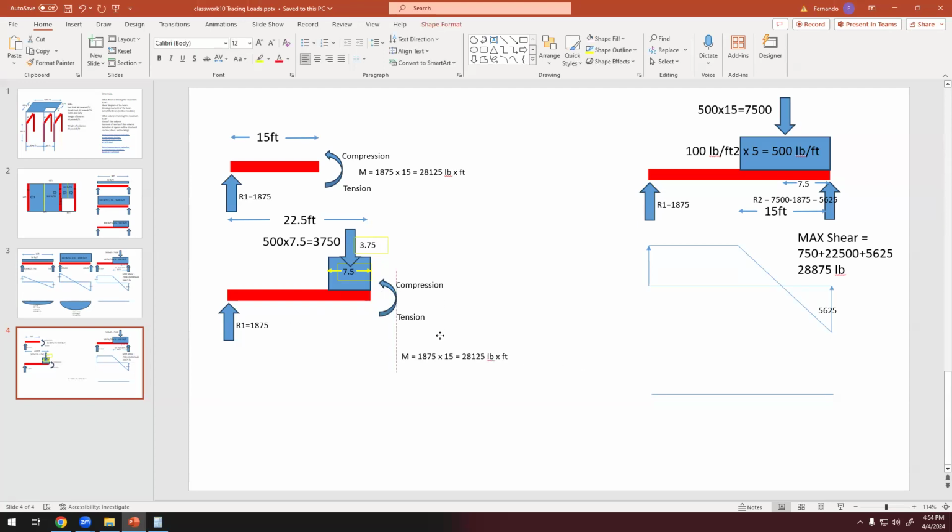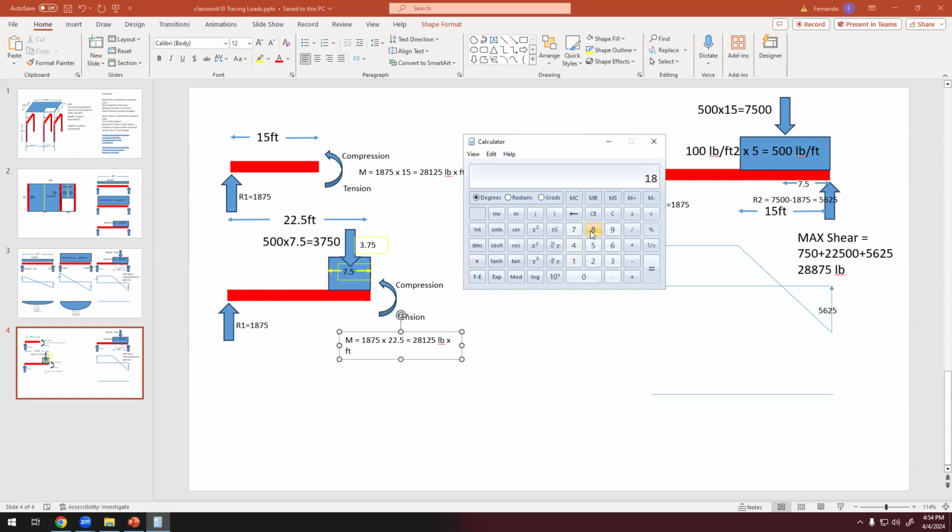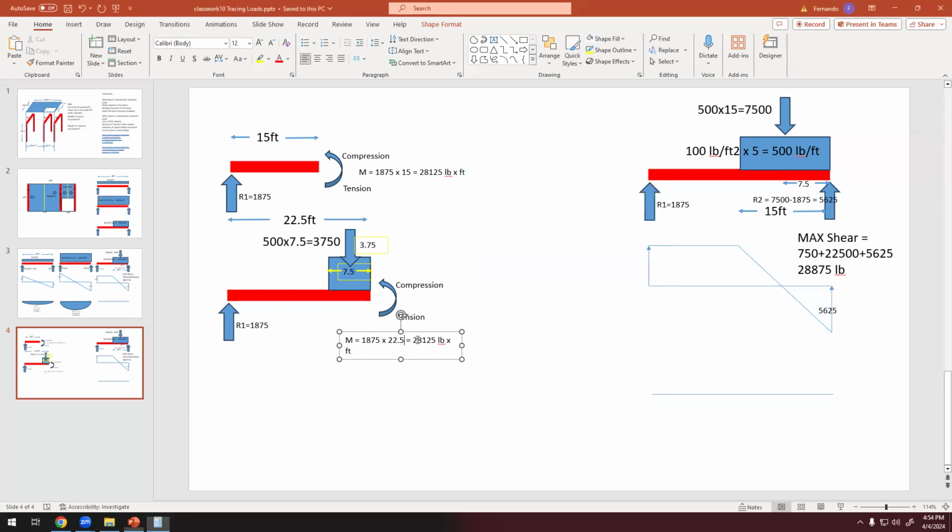So that moment is 1875 times, now the distance is 22.5, it's not 15, it's 22.5, and nothing else. So this is 1875 times 22.5. It's 42,170.